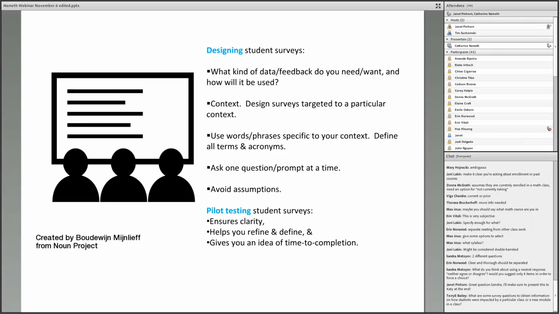Then we have, what are some survey questions to obtain information on how students were impacted by a particular class or a new module in class? Okay. Well, I think impacts needs to be defined.